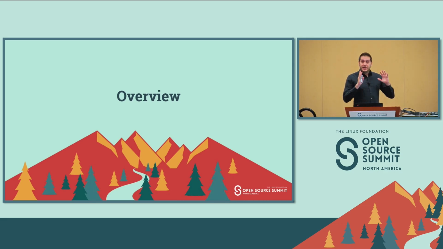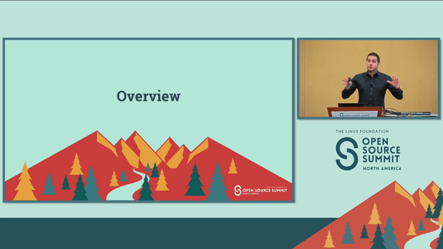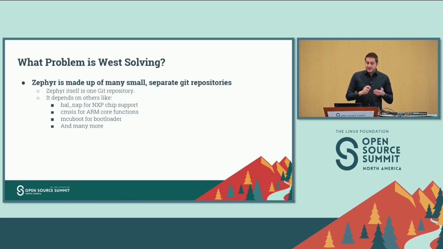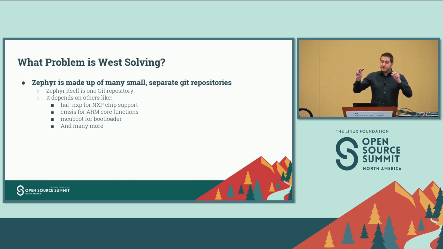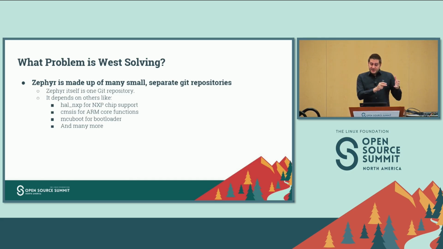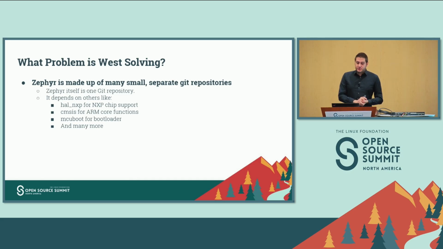We'll start with an overview of West and the features that we have, and then we're going to focus on the two main features of West. So firstly, what problem is West solving? Zephyr is made of several small projects. They are separate Git repositories, and Zephyr itself is just one of these repositories.